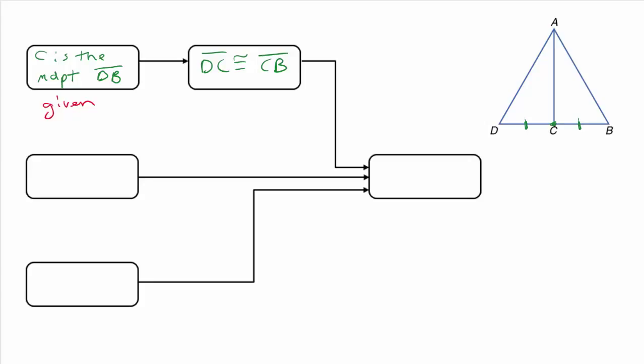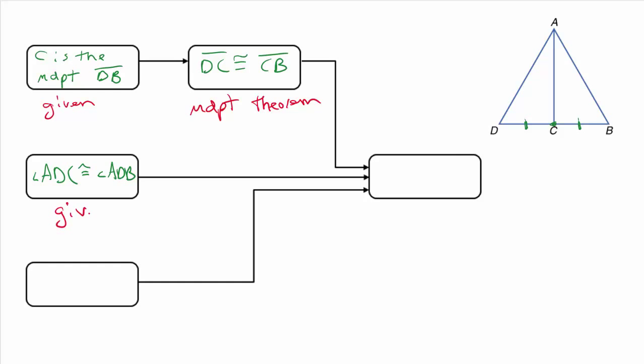And what's our reason for that? We can just put midpoint theorem. That's what the midpoint theorem tells us. Midpoint, and I'm just using shorthand, theorem. Now our other given was that angle ADC was congruent to ADB.